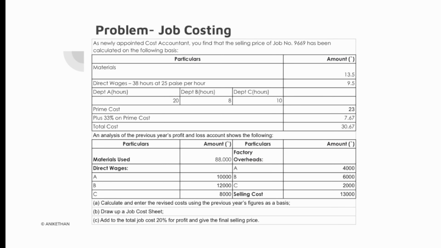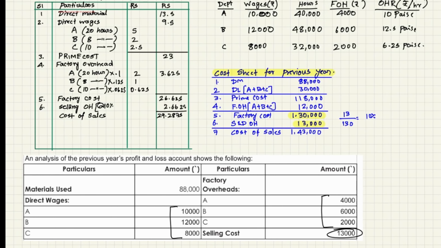Then add to the total job 20% of profit. So this is a profit on the cost. So add profit 20% of 29.2875, which is 5.8575, and when I total it I will get 35.15. So that is my job price.